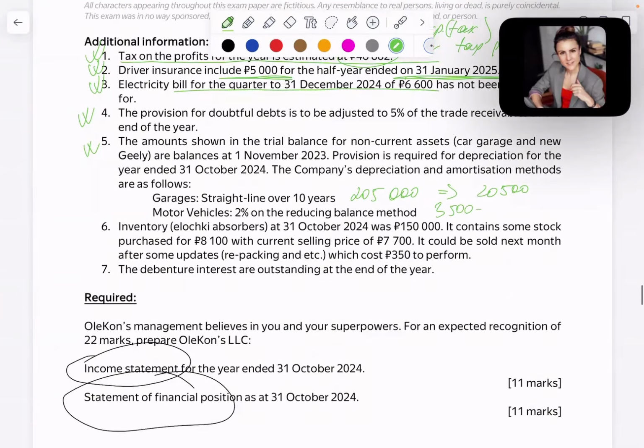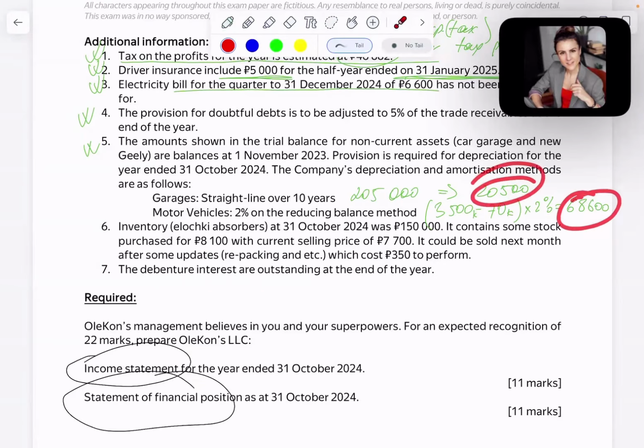We have to deduct already accounted for depreciation, accumulated depreciation, and then multiply it by 2%. That would give us 68,600 of depreciation expense for the current year. So these two amounts should appear as depreciation expense in our financial statements, in our income statement to be precise. So depreciation expense would be the sum of these two.